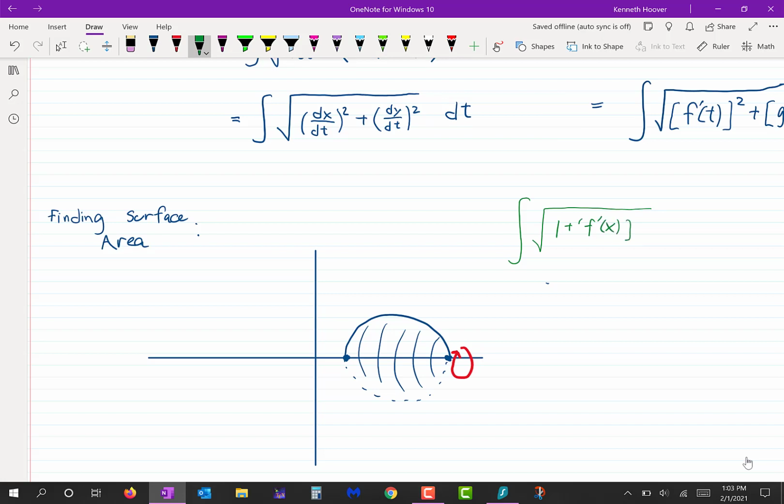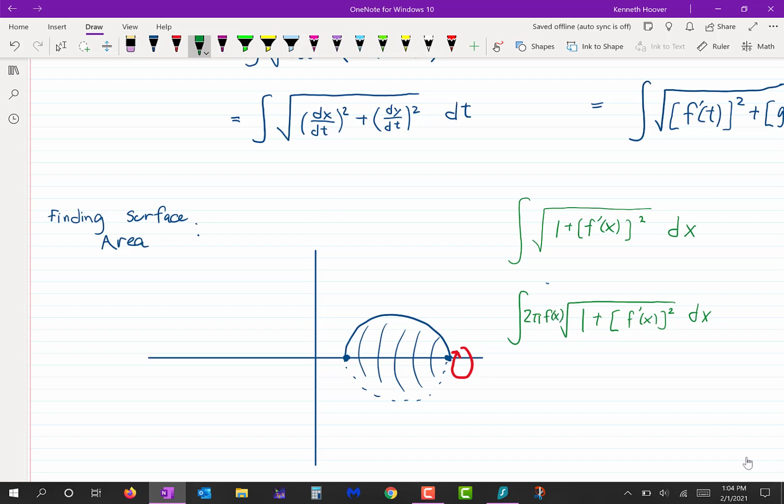You did too. It's a nice superpower ability. Remember that? And then to find surface area, all you had to do was take that same formula as arc length and then just insert in front of the square root, we just inserted a 2 pi f of x.